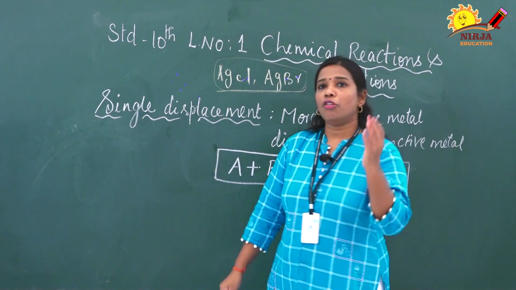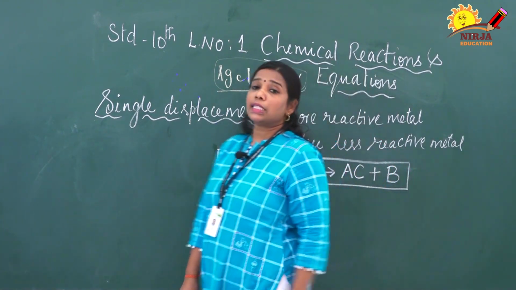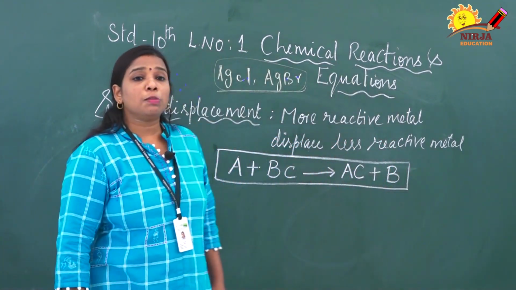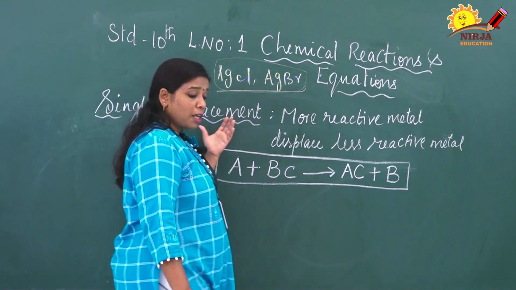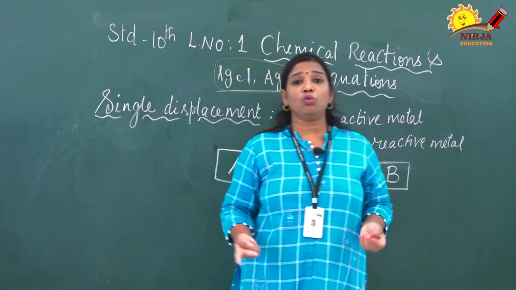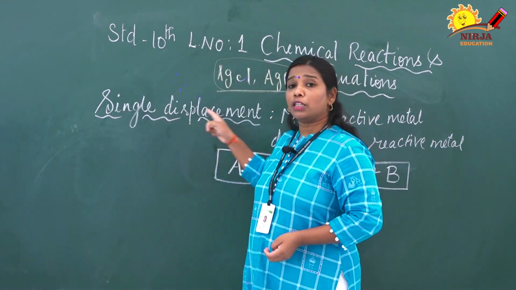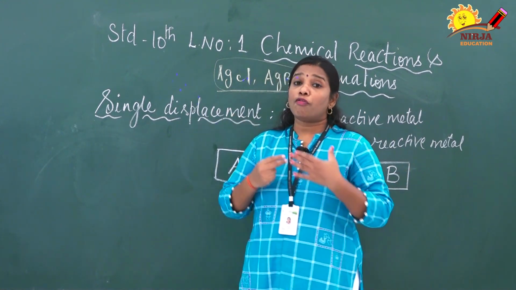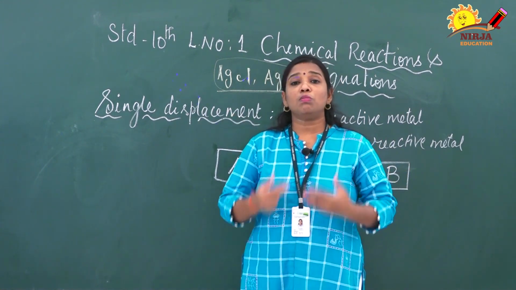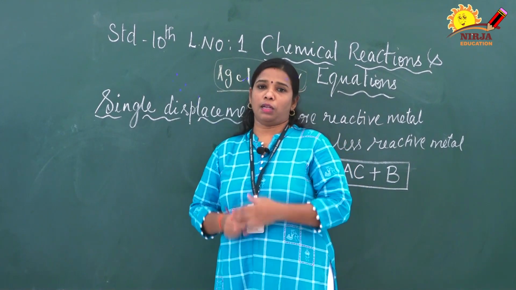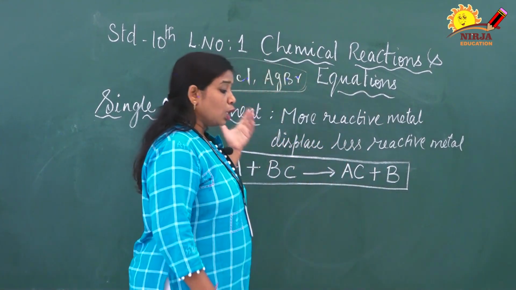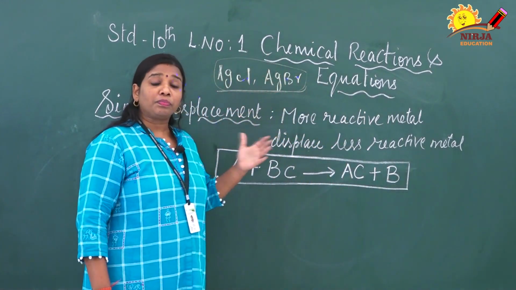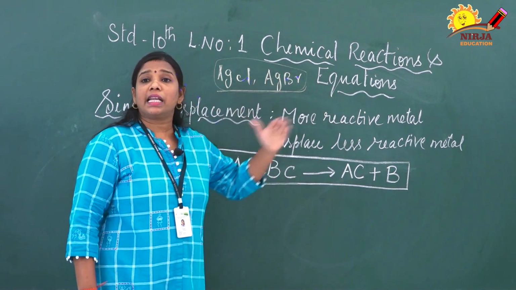Right. Now we are getting to the chapter. The next type is the displacement reaction. The displacement reaction is classified into two types: single displacement and double displacement. First, we should know what is meant by single displacement. Displacement means here the more reactive metal displaces the less reactive metal.